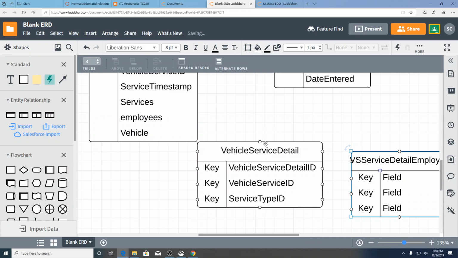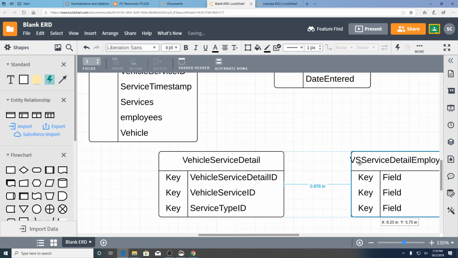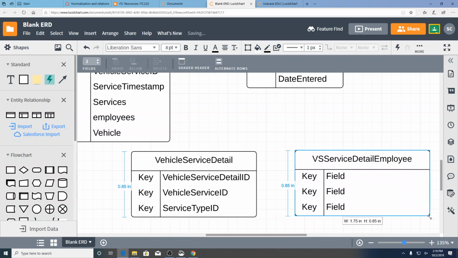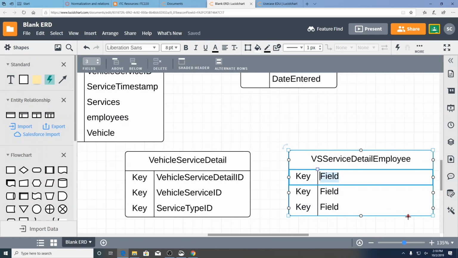Because we need to know, for each one of these services, it could involve multiple employees, right? So it needs the detail ID to attach it to this, and it needs the employee ID. That should be sufficient.